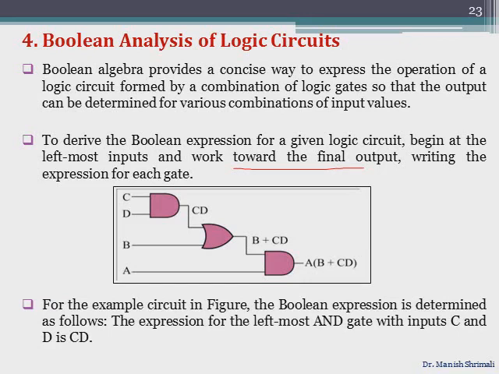And here we have B plus CD and this is A, and we have to multiply these two since this is the AND gate. So this is the Boolean expression, and the analysis of this particular circuit gives us the result A into B plus CD.